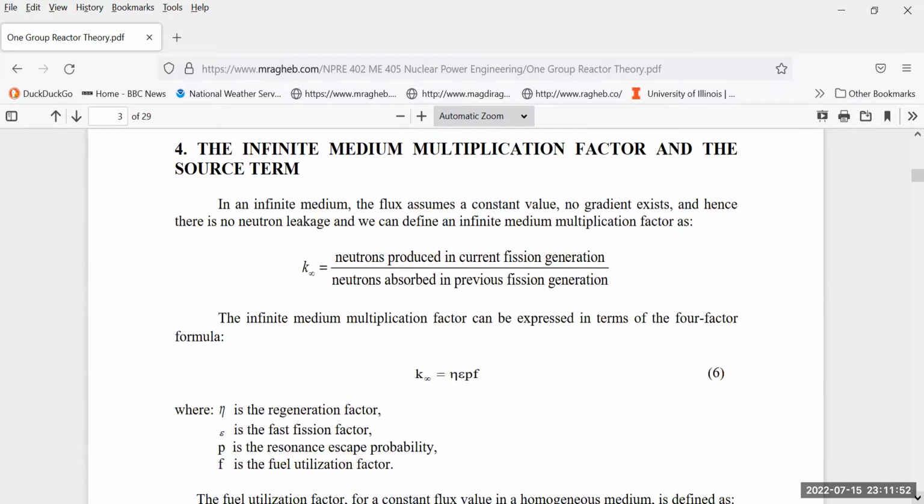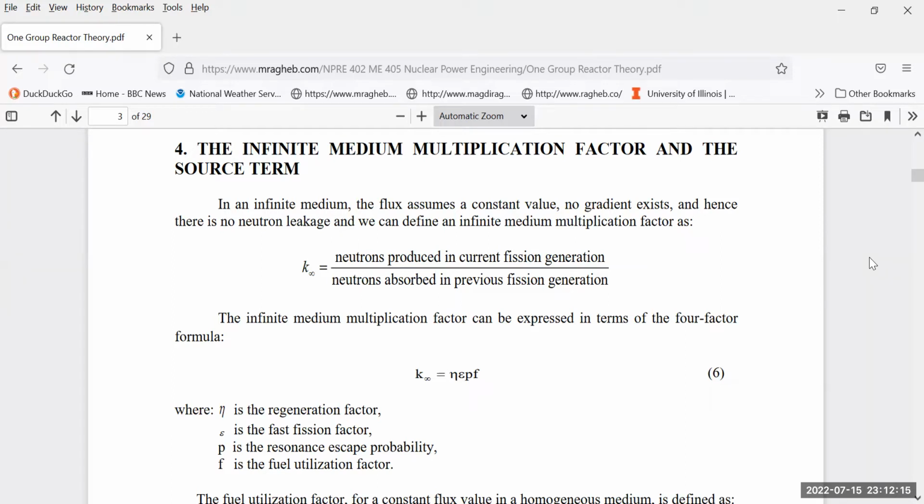All right, now we have a multiplying system. The neutrons now interact with uranium-235. They fission it, and the multiplication comes in from the fact that each fission is going to produce, on the average, 2 to 3 neutrons.